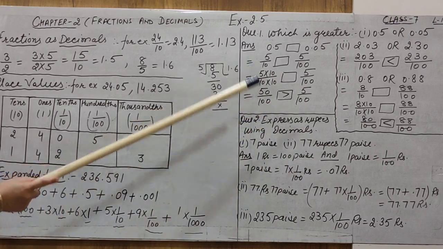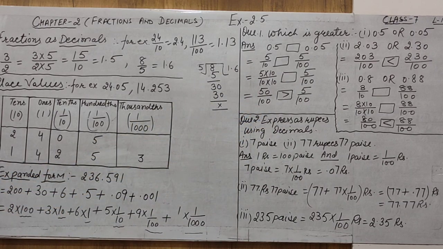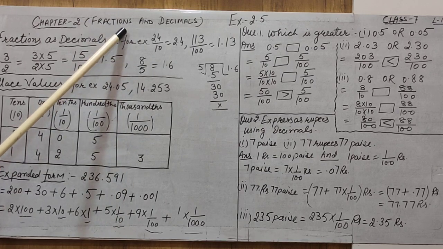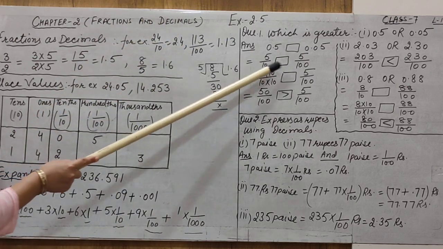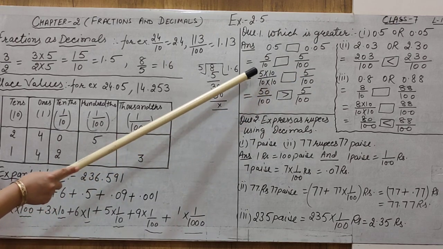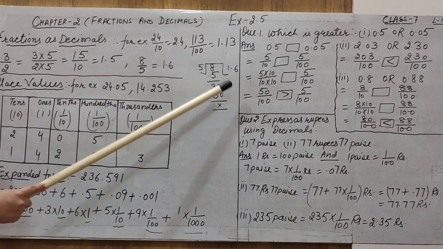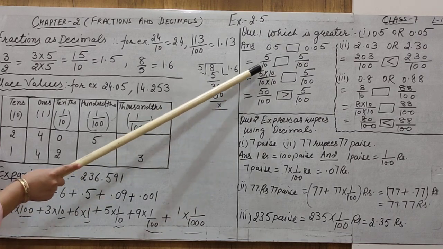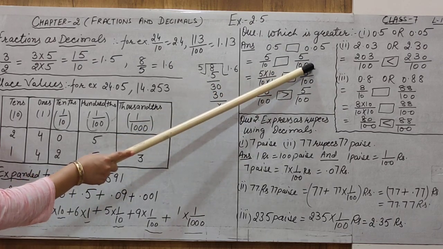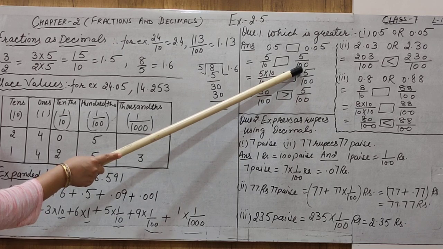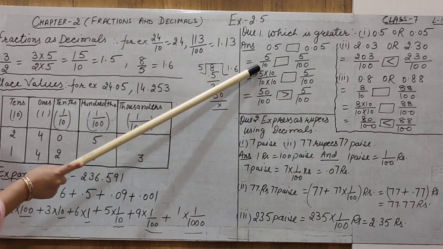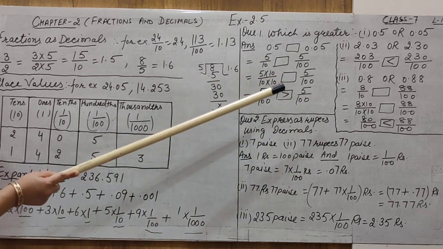Now how can we compare these two numbers? As I told you, for comparison of any two fractions, their denominators must be the same. If their denominators are the same, we can compare the numerators only. To make the denominators the same, here the denominator is 100, but in the first number the denominator is 10.